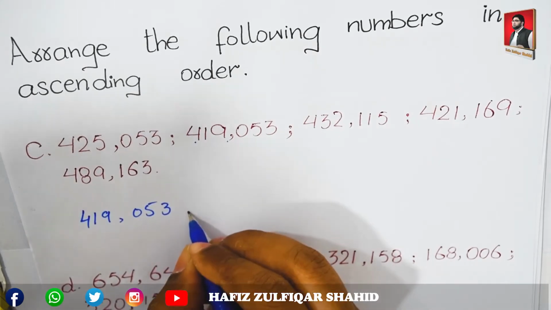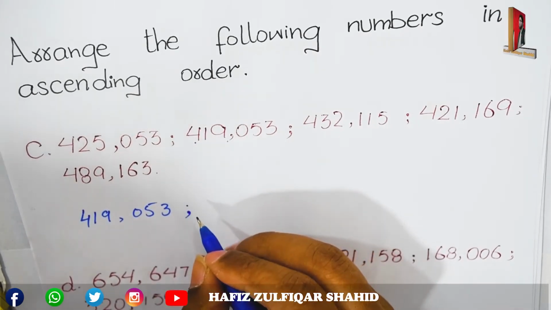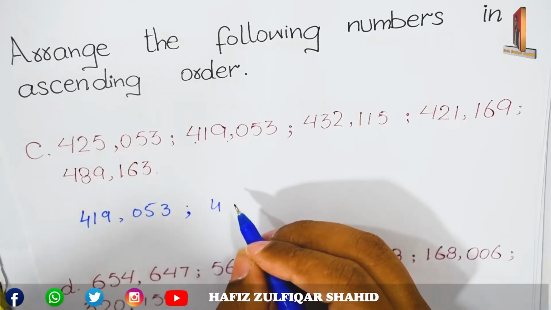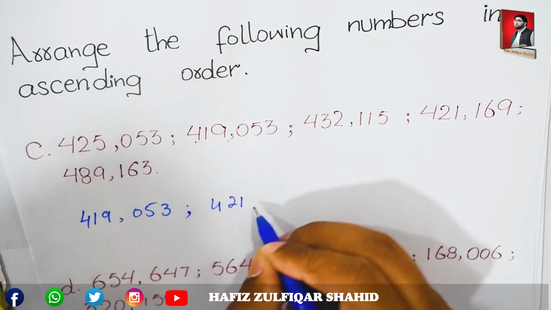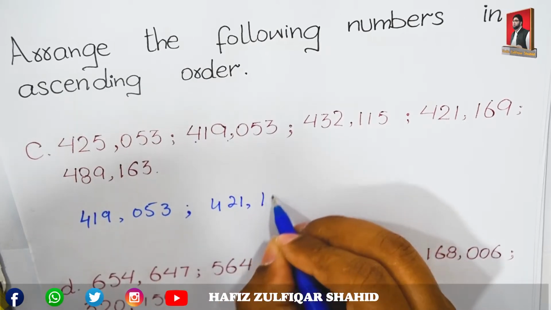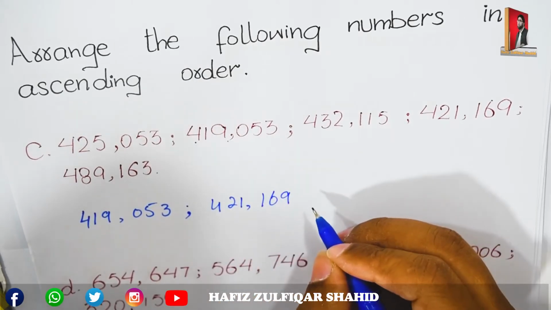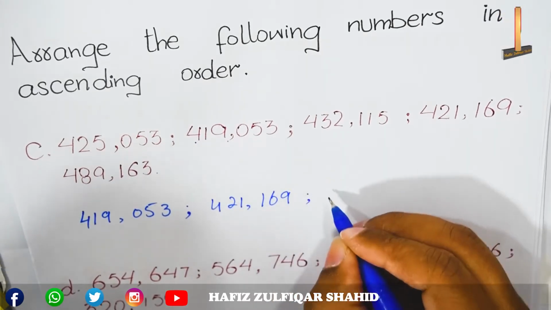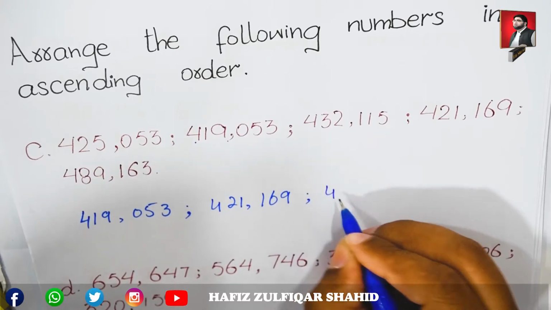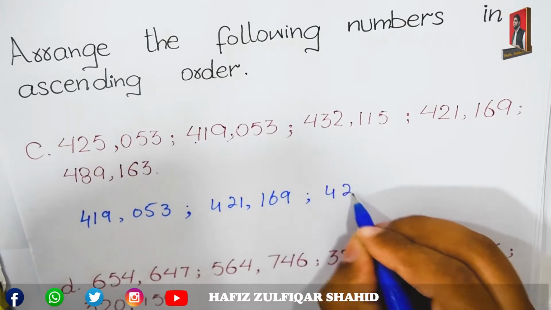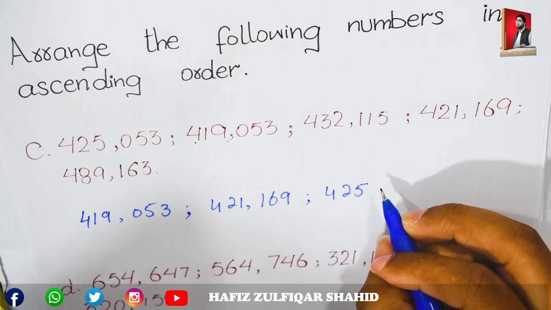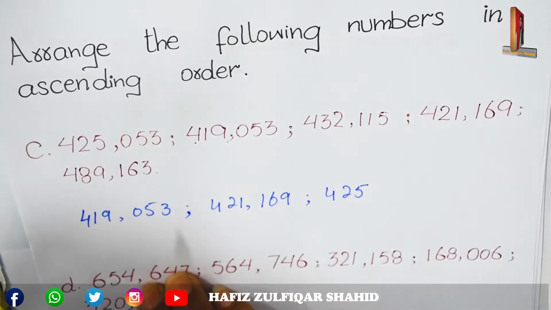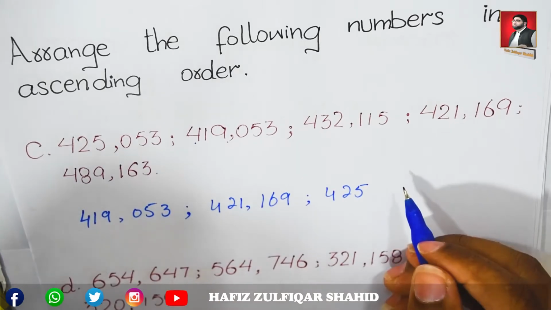On the second number, 421,169. At the third number, we are going to go from smallest to greatest.